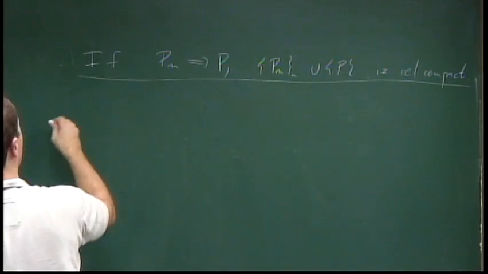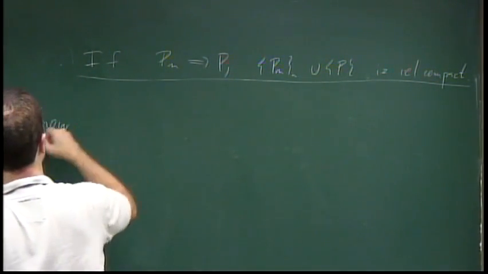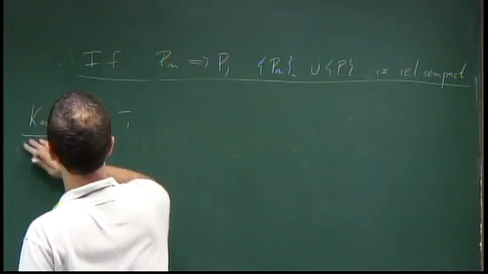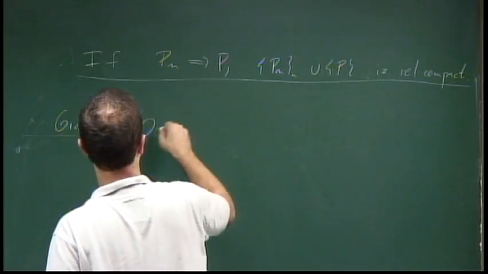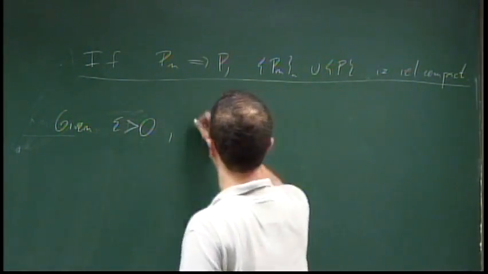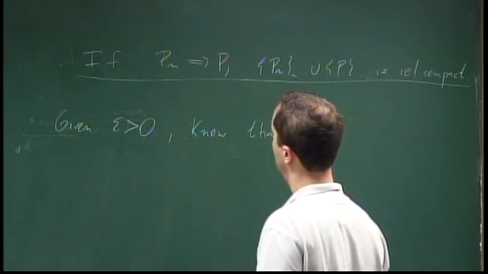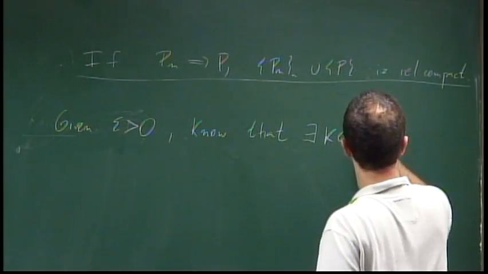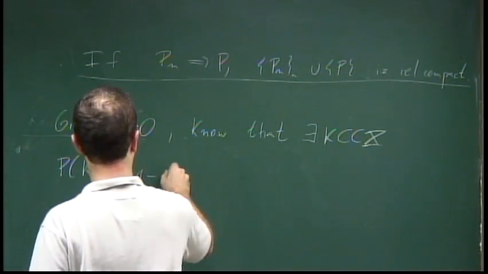So we know that given epsilon, there exists a compact K contained in X such that P of K is greater than 1 minus epsilon.